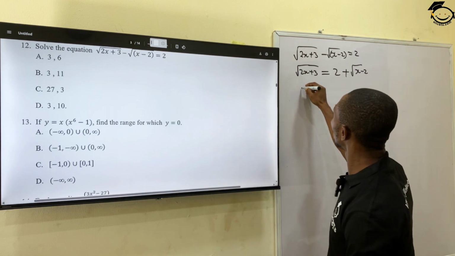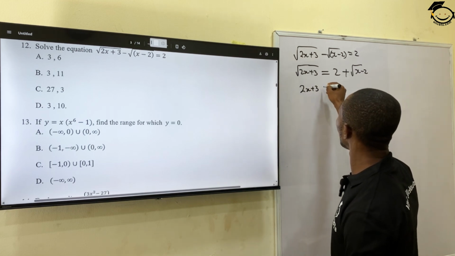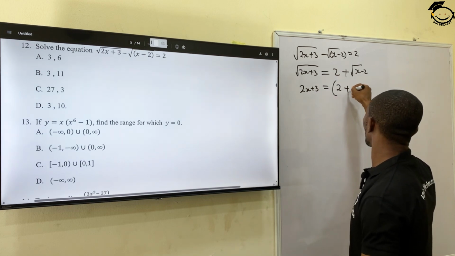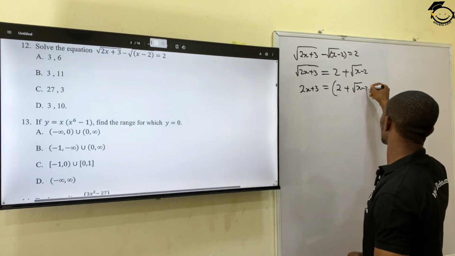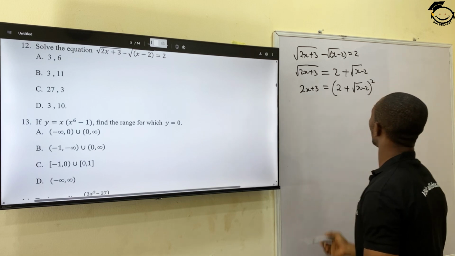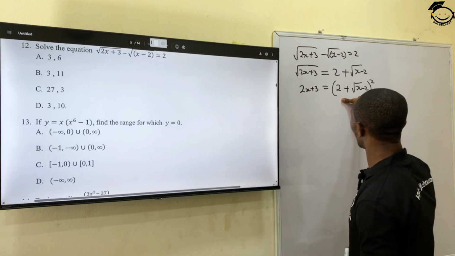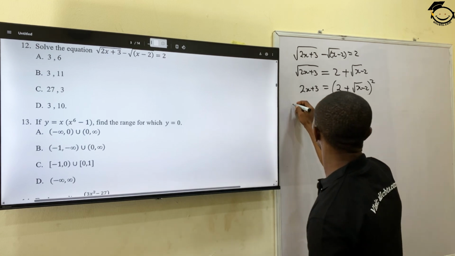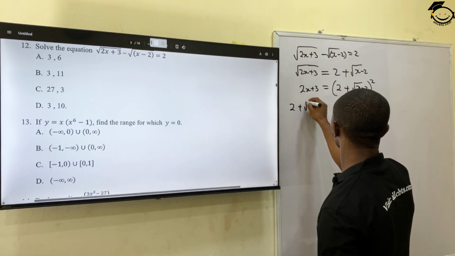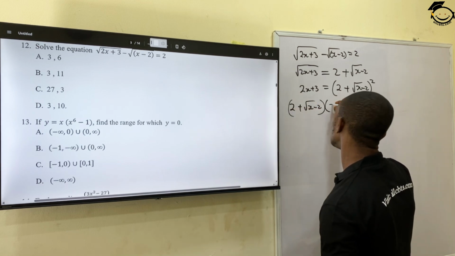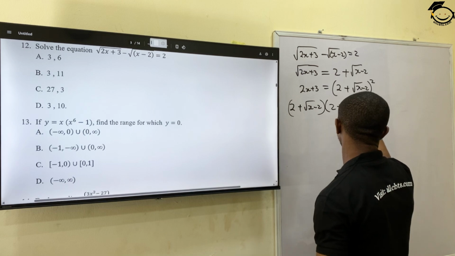This becomes 2x plus 3 equals 2 plus root x minus 2, squared. Now expanding this, we have 2 plus root x minus 2 and 2 plus root x minus 2.